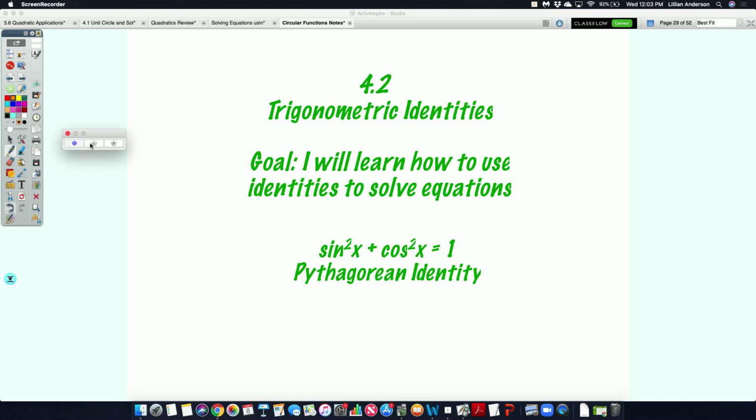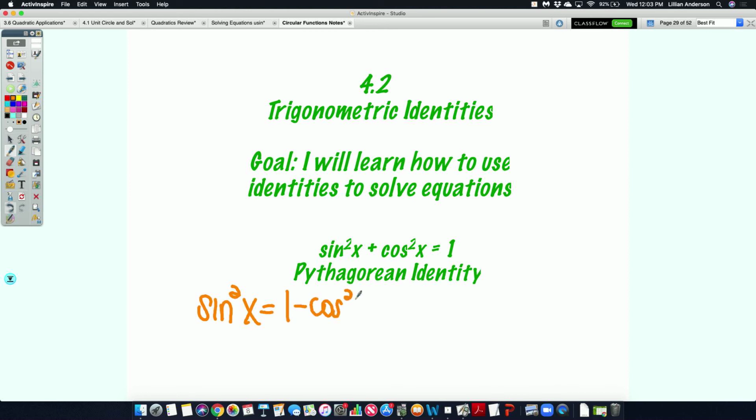Okay? Now, do realize that this identity can be adjusted, can be altered. So let's say I wanted to solve for sine squared x. I would get 1 minus cosine squared x, because all I did was subtract the cosine over. That is basically the Pythagorean identity, just in terms of cosine. So I could use this instead.